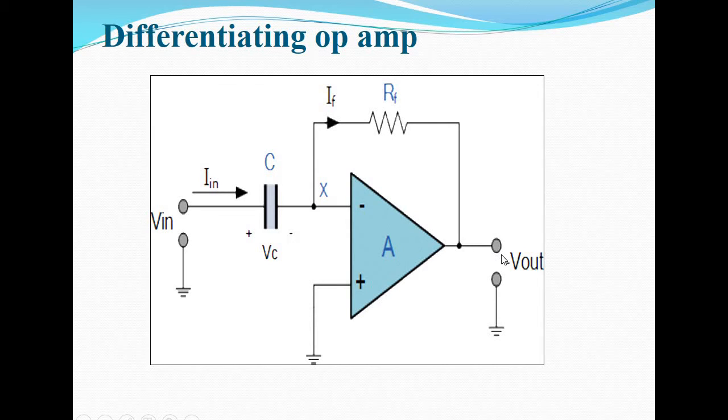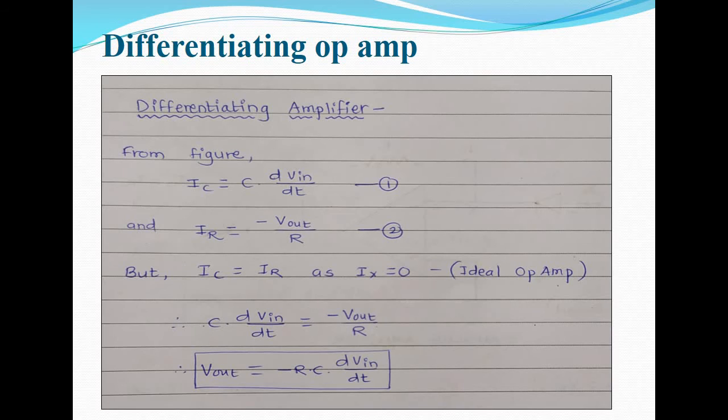This is the voltage at the output terminal. So from the figure IC is equal to C multiplied by d of V in by dt. We have seen this. Now the current through this resistor, IR, is equal to minus V out divided by R. This we also saw in our previous slide.